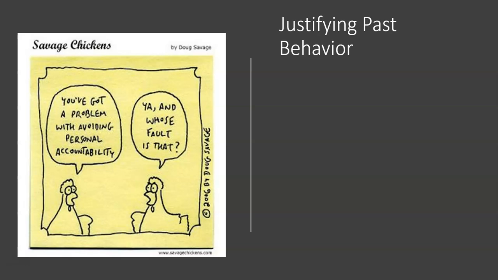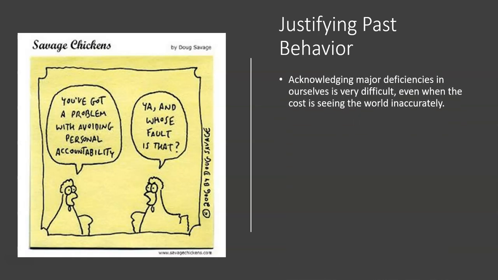Part of what's happening here is the idea of justifying our past behavior. So when we engage in an activity, and if there's some question as to the appropriateness of that activity, so was it not kind? Was it kind of stupid? And so on, then we have a tendency to justify our past behavior. So one of my favorite comic strips is Doug Savage's Savage Chickens.